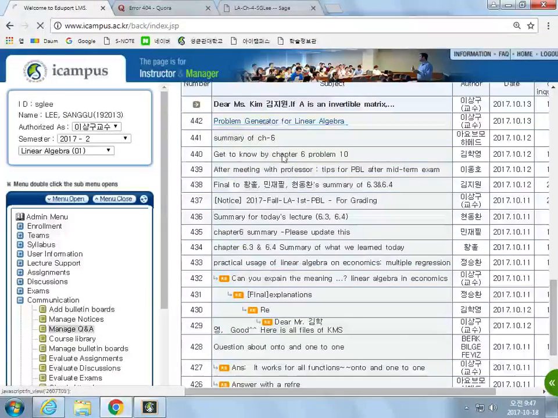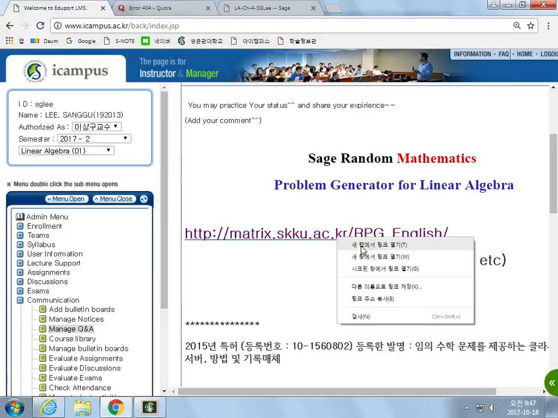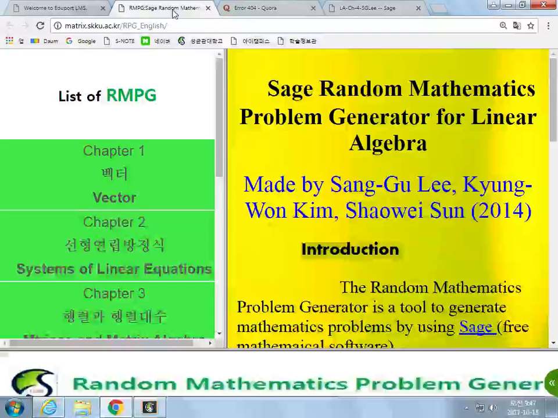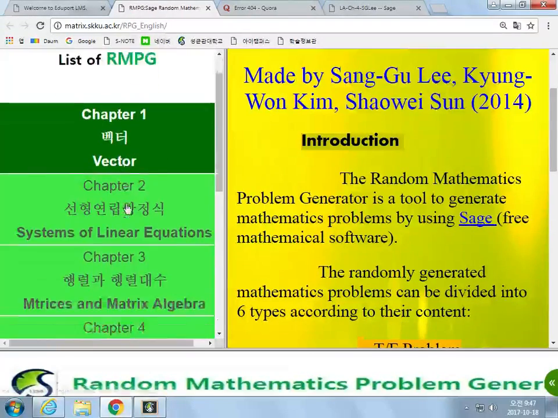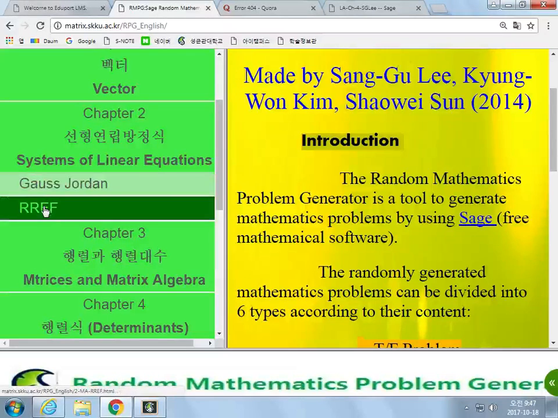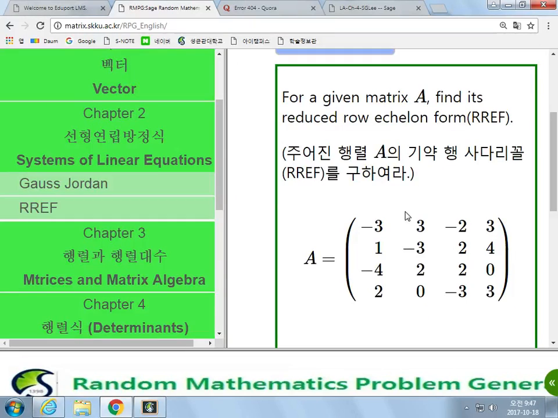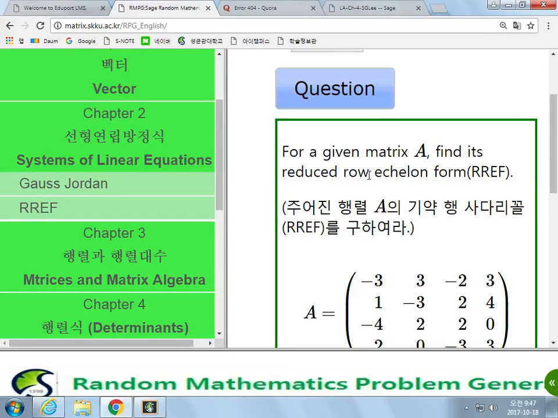I asked you to check this random problem generator, which I have a patent on. For example, if you want to find the RREF here, this matrix was randomly generated.